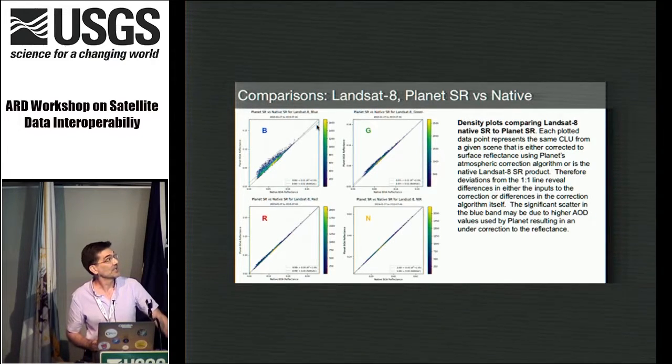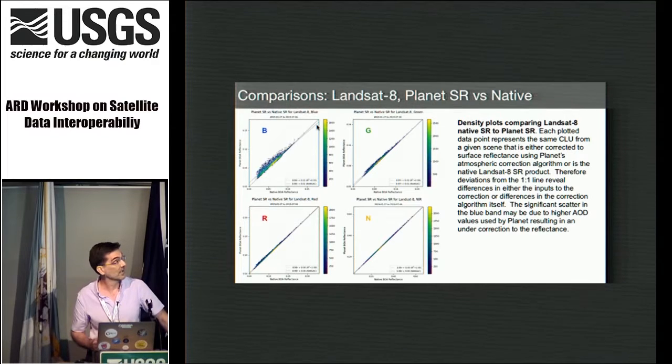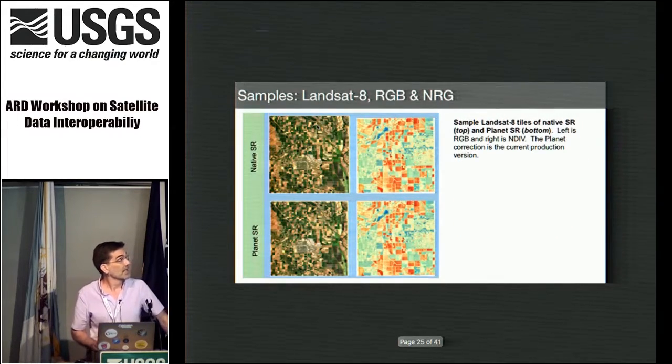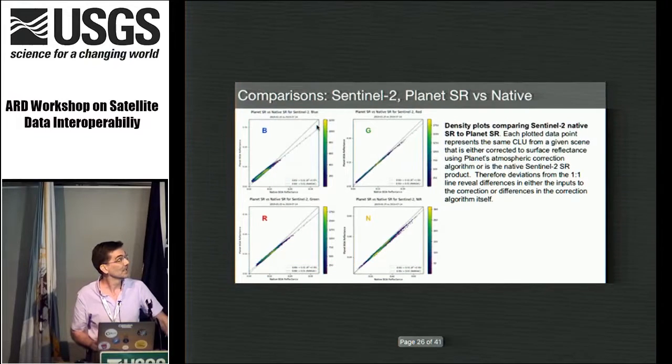So they're bound to be different, and that's probably where a lot of the difference comes from. If we look at individual images, they look nice and pretty, and it's hard to tell, particularly on this screen, any differences between them. If you look close, you'll notice the differences, but it actually looks pretty decent.